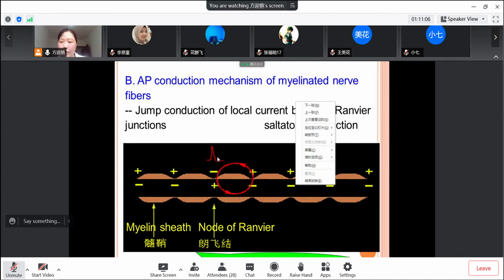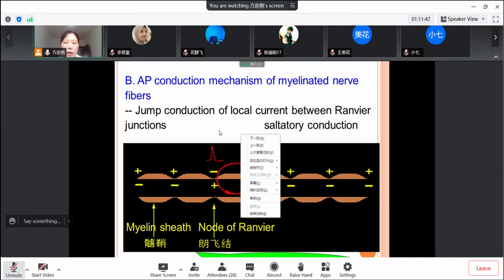So if we record these two points, we can find the difference between this point, which is positive, and this one, which is negative, and this difference also shows a wave. This wave is recorded outside the cell membrane. Then we also found that this wave is produced. Yeah, I hope you know that, and I hope you understand that.